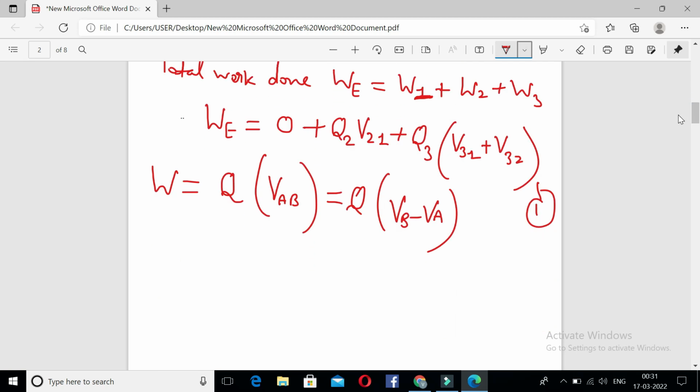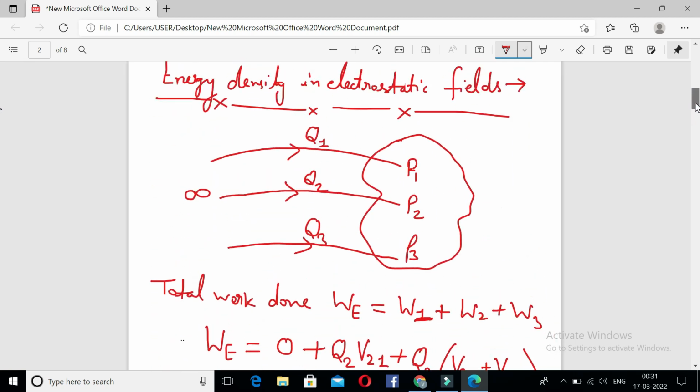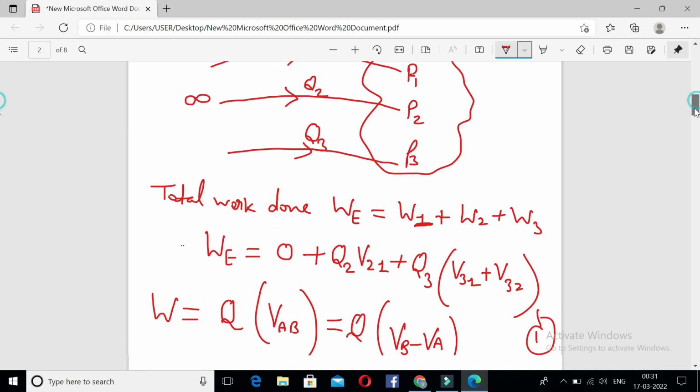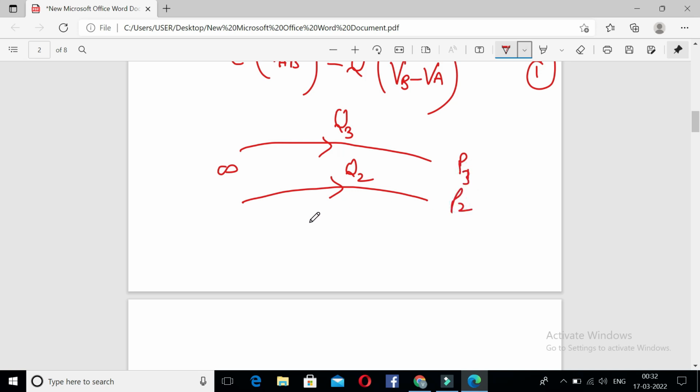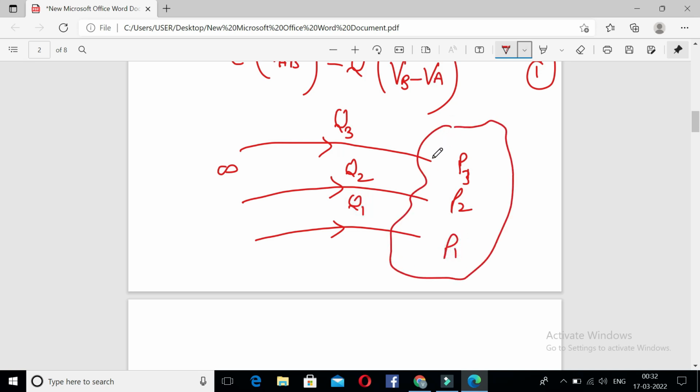Now I am changing the sequence, starting in reverse. From infinity, this is Q3 at point P3, this is Q2 at point P2, and this is Q1 at point P1. It is the same situation in the same space.